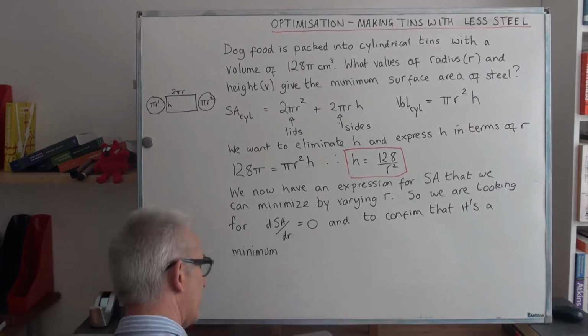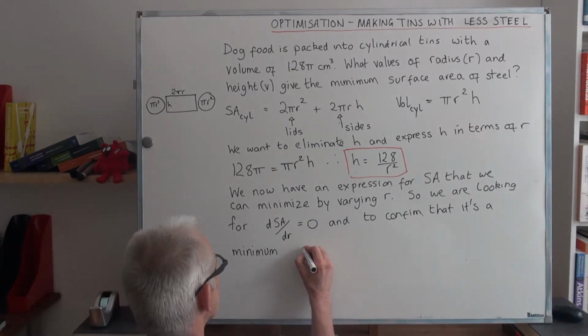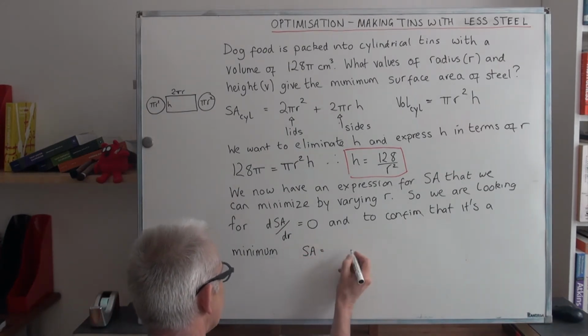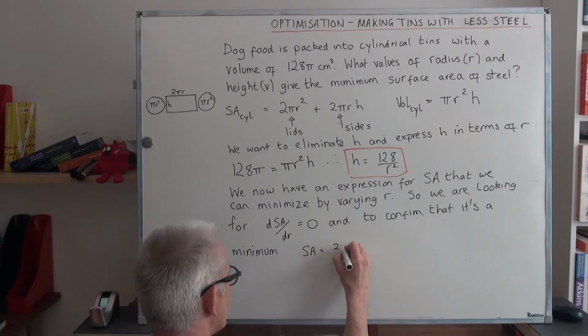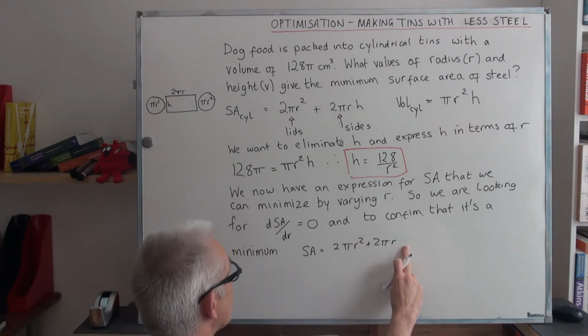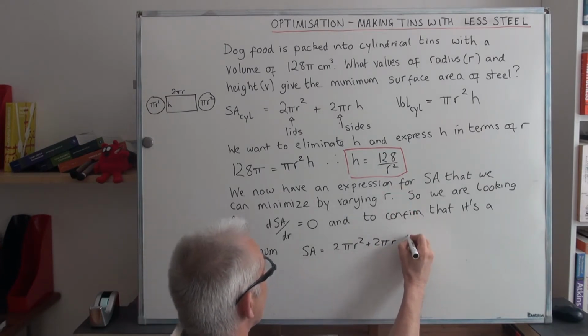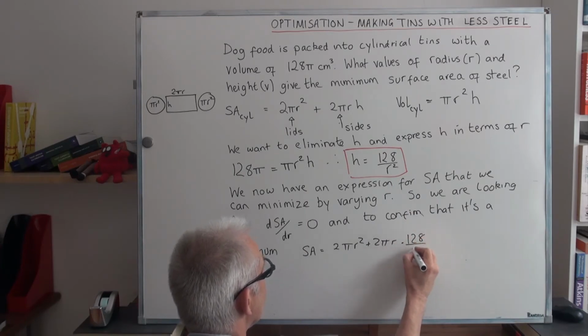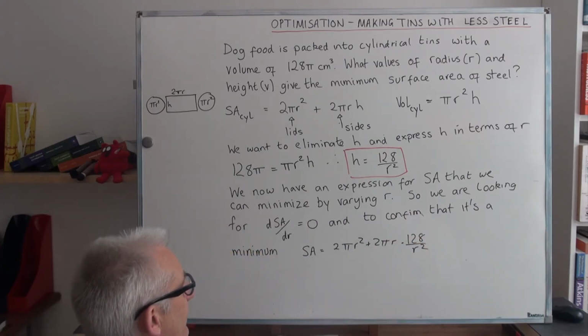differentiate. So what we're going to differentiate is that the surface area is equal to 2 pi r squared plus 2 pi r, and the h is replaced by this, so times 128 over r squared.